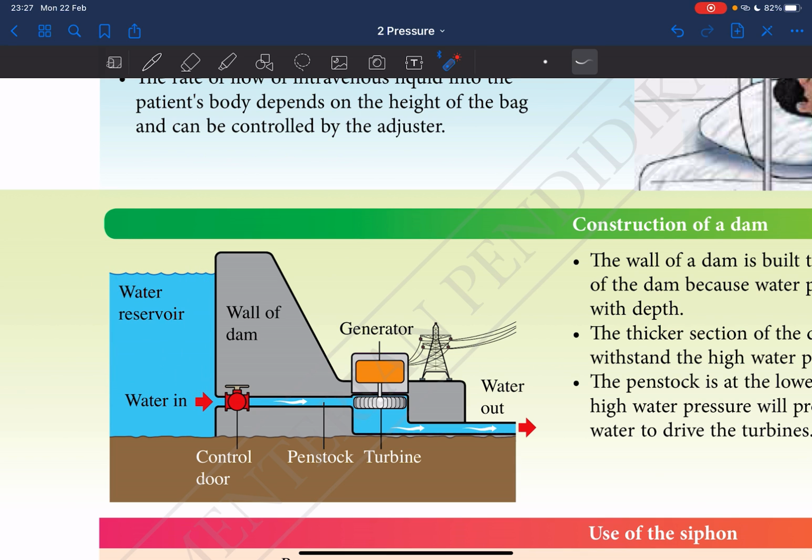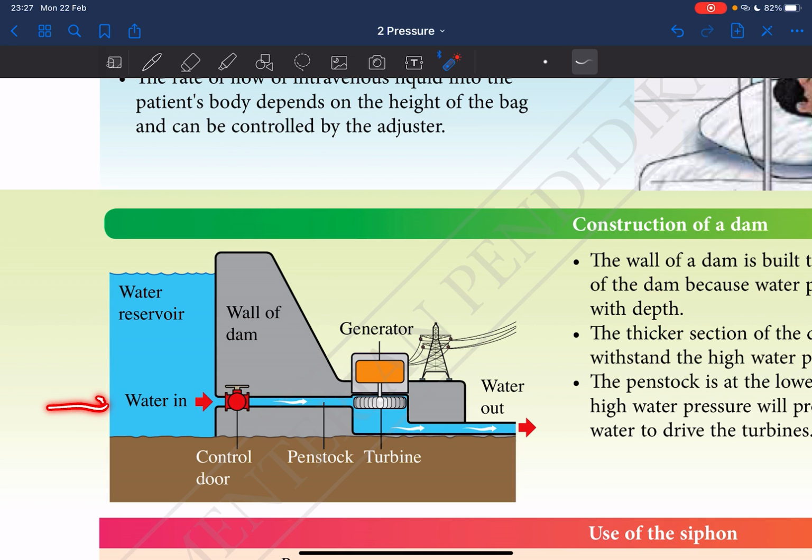So to protect this area from any damage caused by the high pressure of water, that is why the wall of the dam needs to be built at a thicker thickness, which means it's also stronger.